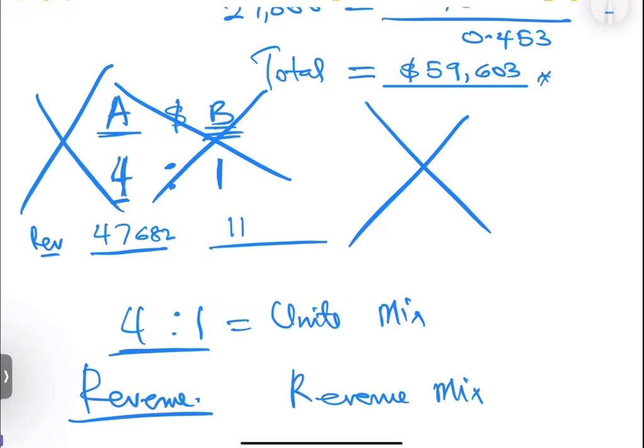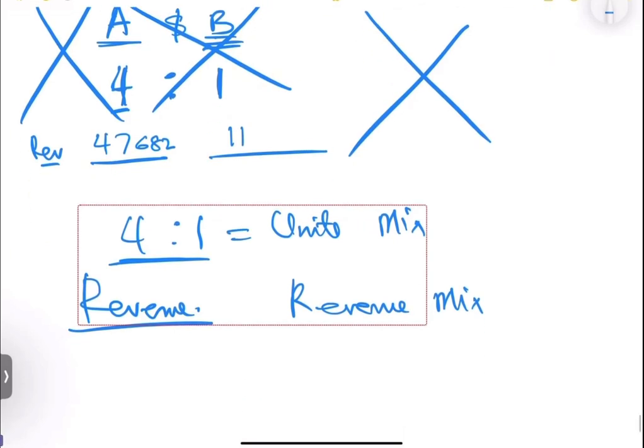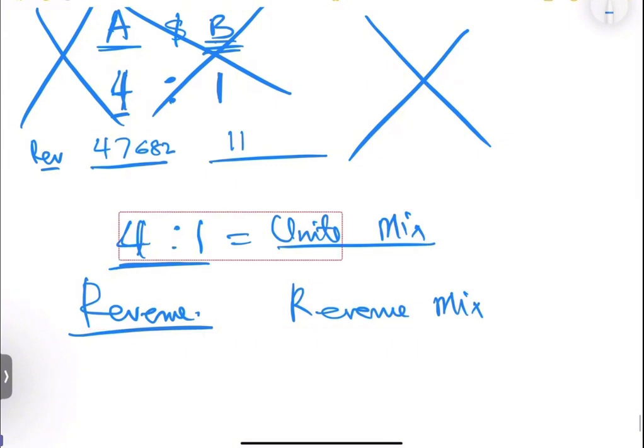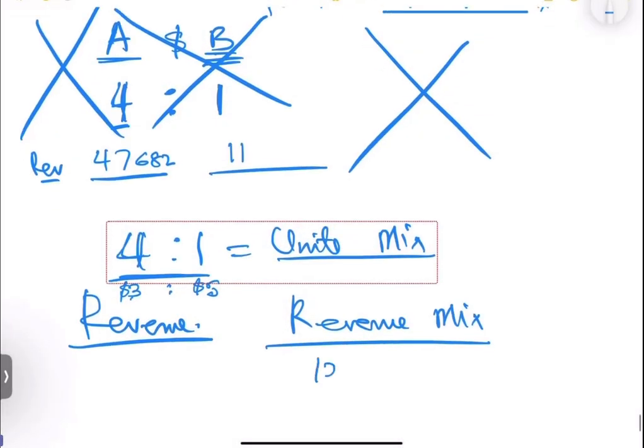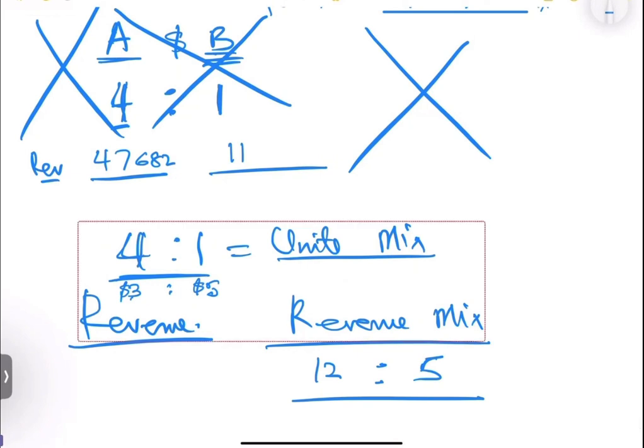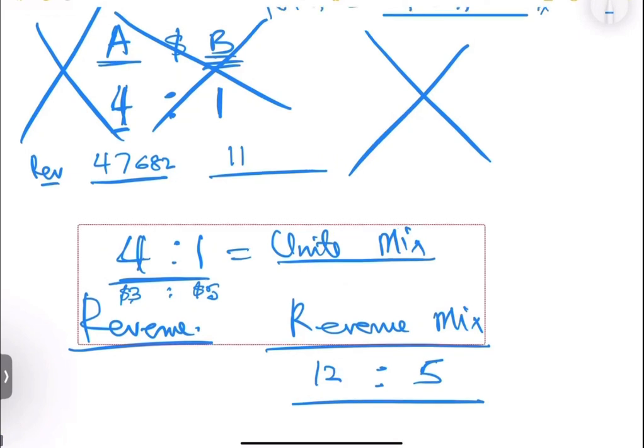Which means that if a unit mix is 4:1 and A is sold for $3 and B is sold for $5, the revenue mix is actually 3 times 4, which is 12, ratio 5 times 1. So that is our revenue mix.